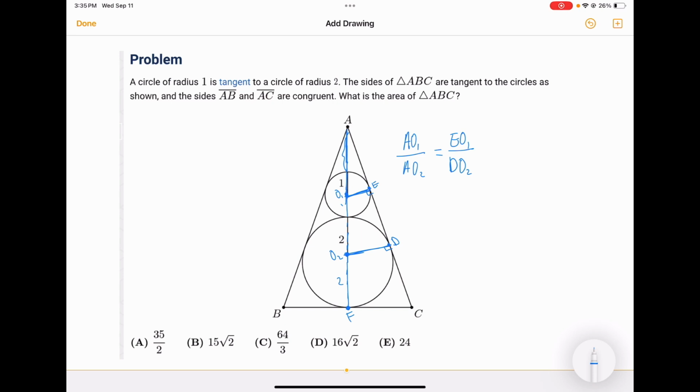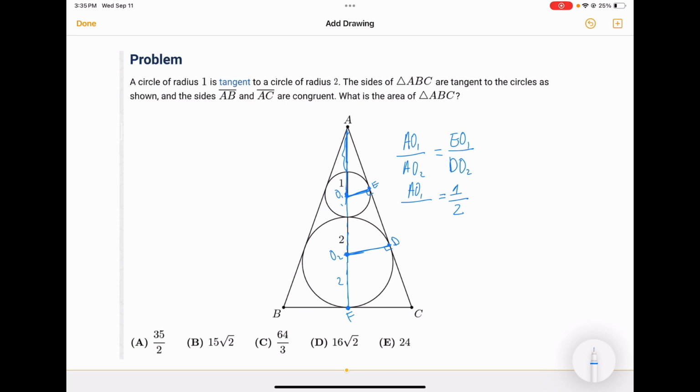We know some of the segments: EO1 is equal to 1, and DO2 is equal to 2. We'll keep AO1 for now because we don't know how long that is, but we can express AO2 using AO1, so that way we only have one variable.